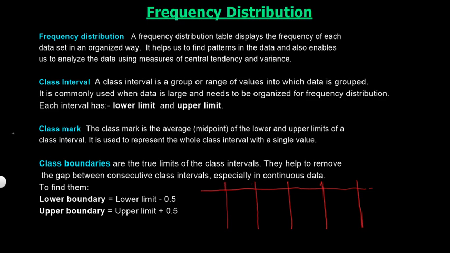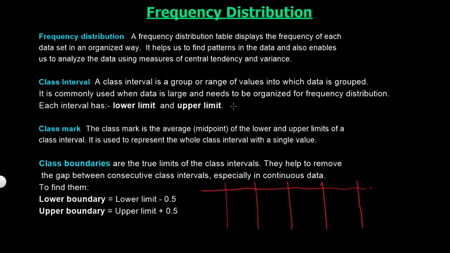So analyzing data in groups calls for some concepts for us to understand, such as class interval. A class interval is a group or range of values in which data is grouped. So if you have a class interval, you are talking about scores of students from 0 to 100.